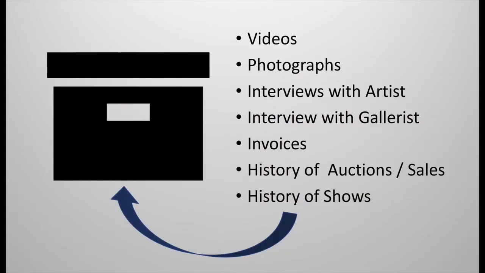The NFT references through links metadata, which is large quantities of data, such as videos and photographs of your art, interviews with the artist, interviews with the gallerist, invoices, history of auction, history of shows, everything about the art that you want to have archived forever can be contained outside of the blockchain, but still in a secure manner and referenced back by the NFT.